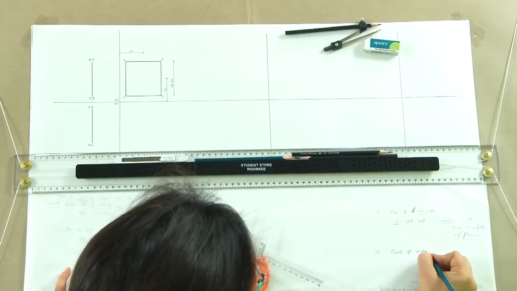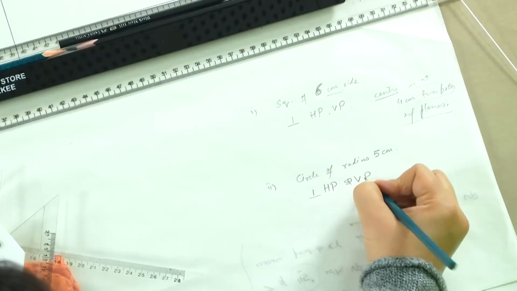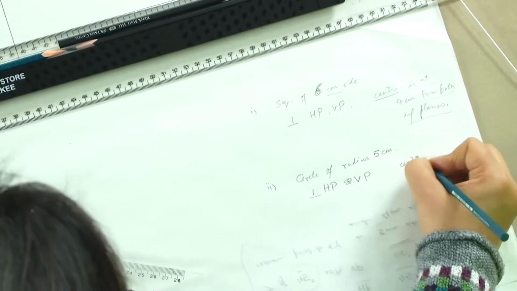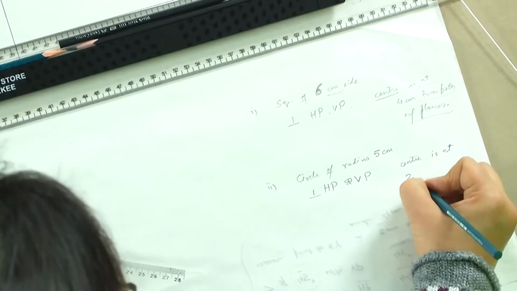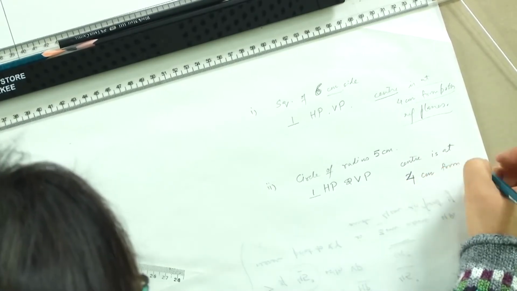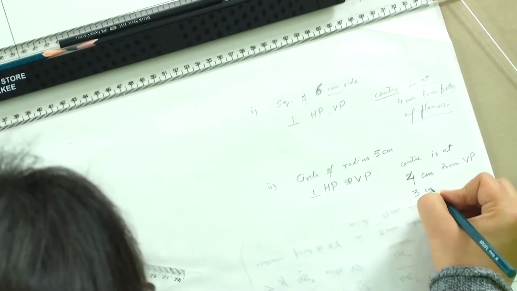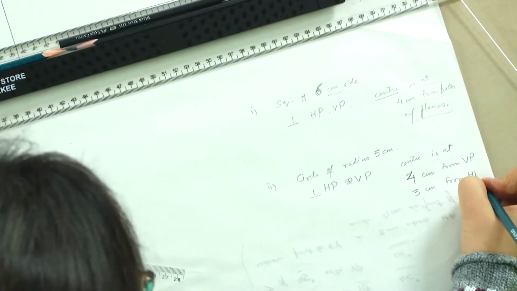Now, let us look at another problem of a circle. So, if we have a circle of radius 5 centimeter, which is perpendicular to both HP and VP, and its center is at 4 centimeter from VP and 3 centimeter from HP.